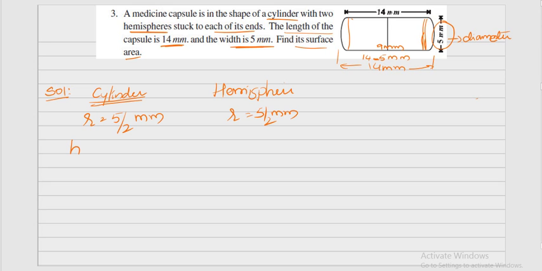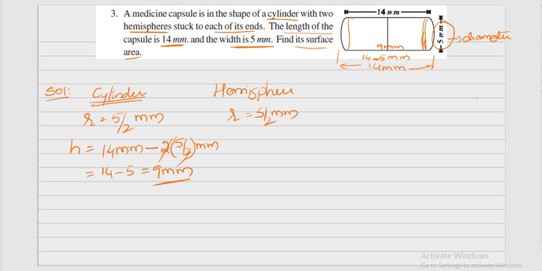Next, what about the height of the cylinder? The height of the cylinder is nothing but 14 millimeters minus 2 times the height of the hemisphere. So this 2 I can cancel out. From this I can say 14 minus 5, which is equal to 9 millimeters. So the height of this particular cylinder is 9 millimeters.